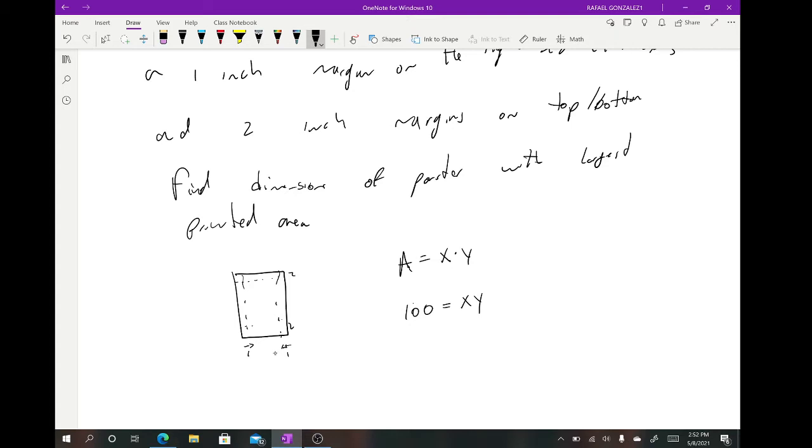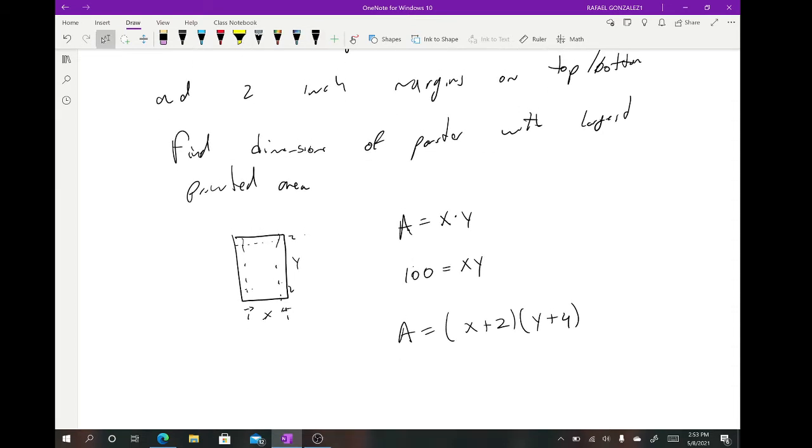Now, if the left and the right are given by our x and the top and bottom are given by our y, this is height, then what we really have here is that the dimension that we're looking for is going to be equal to x plus 2 times y plus 4, because 2 plus 2 is 4 and 1 plus 1 is 2. Because we're supposed to have these bigger margins here.